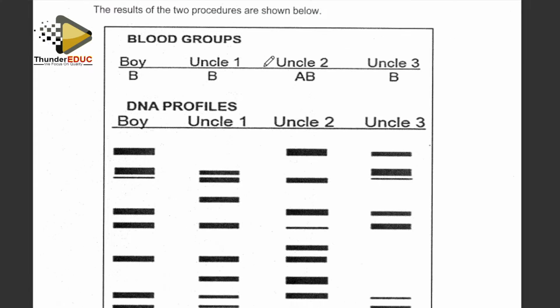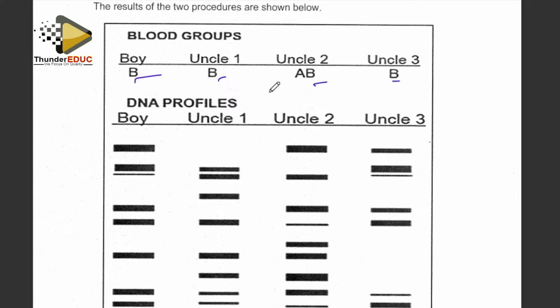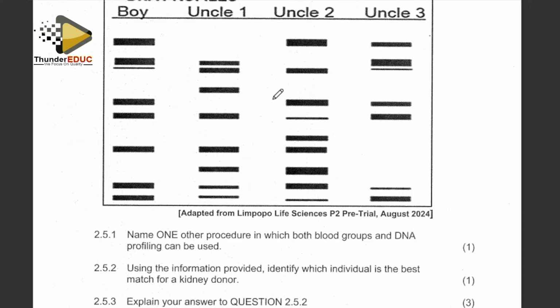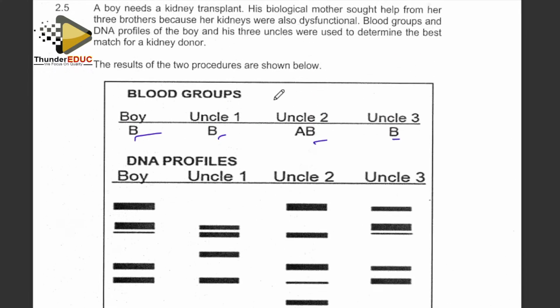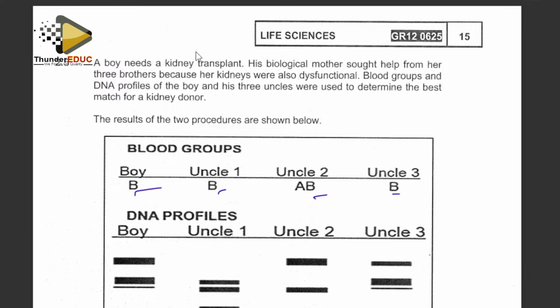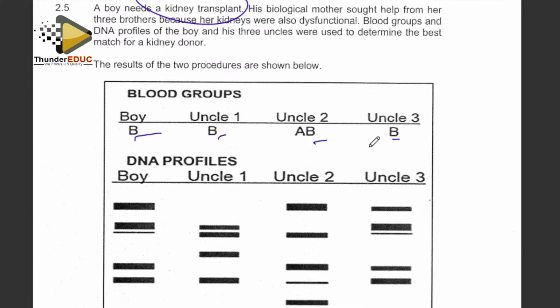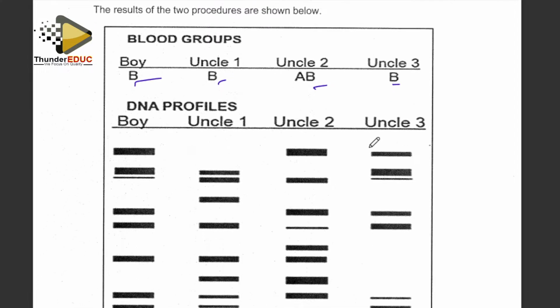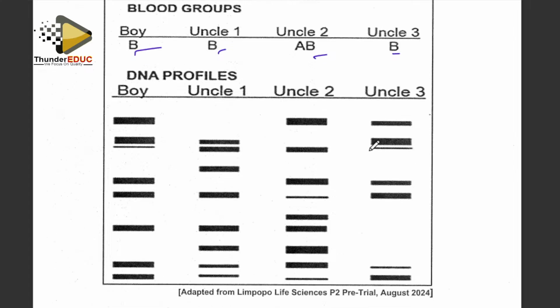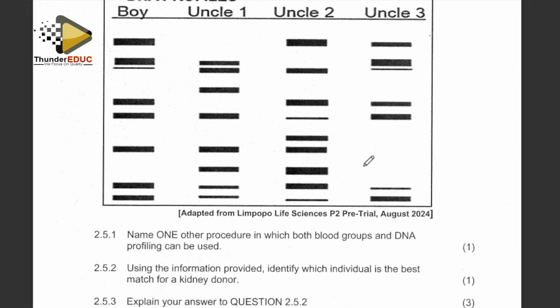Saying that the boy is blood group A, uncle one is blood group B. Name one other procedure. Here we are looking for organ transplant. That is the kidney, the organ transplant. So you cannot talk about organ transplant there. Meaning that here you can talk about paternity test.